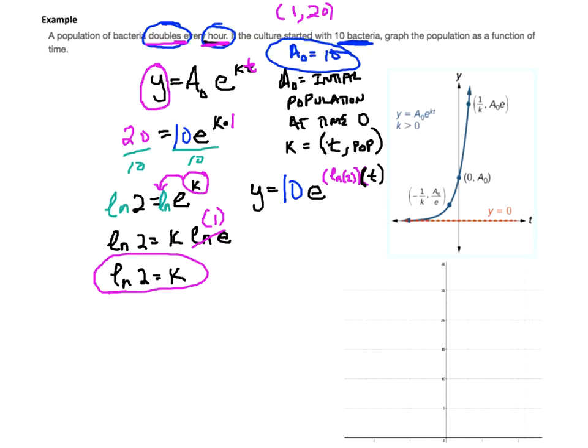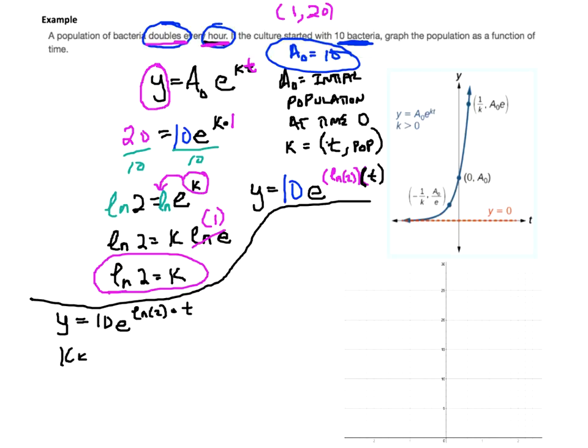All right, so now that we have our model, it is not too difficult to find 3 key points to graph our exponential growth function. So we have our model, y equals 10e raised to the ln of 2 times t.